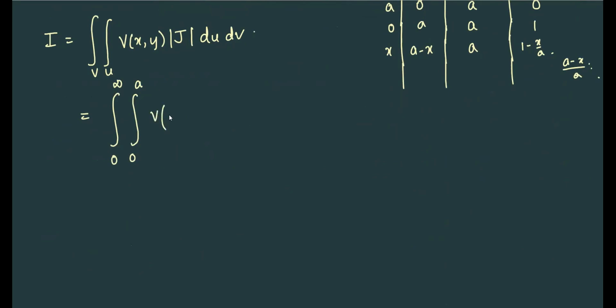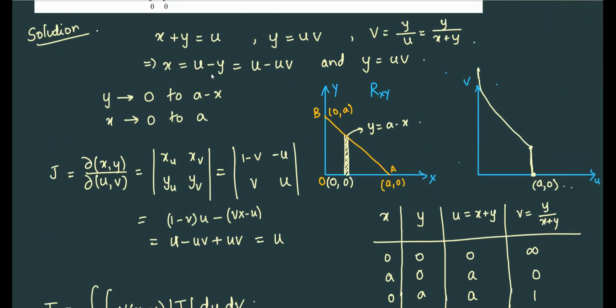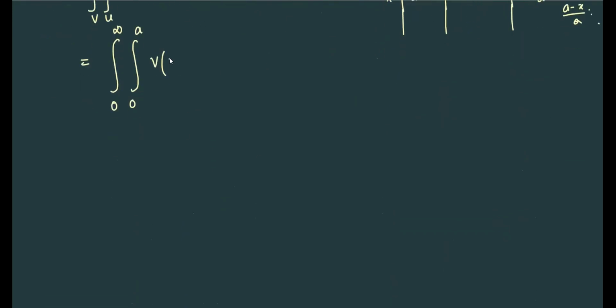V of x, what is x? U into 1 minus v times uv into u du dv. This is the transformed integral.